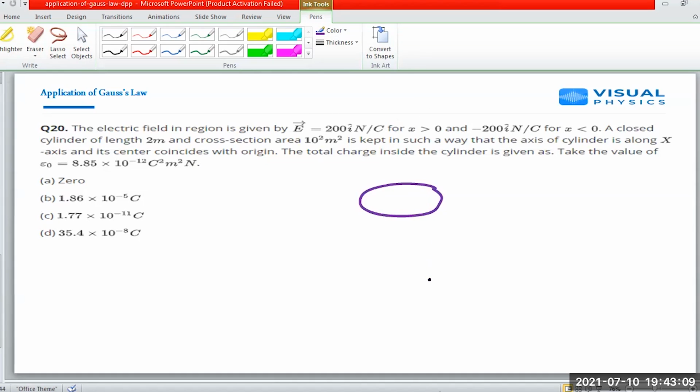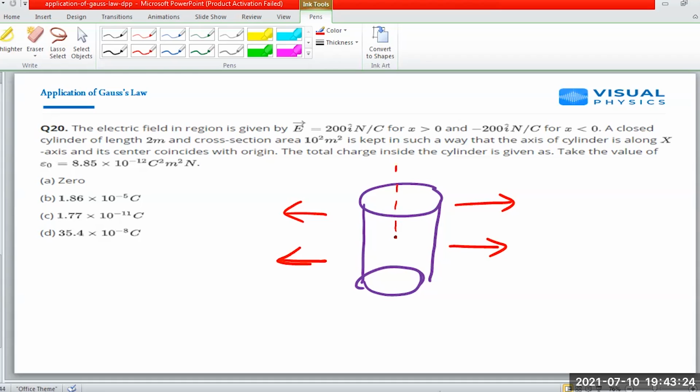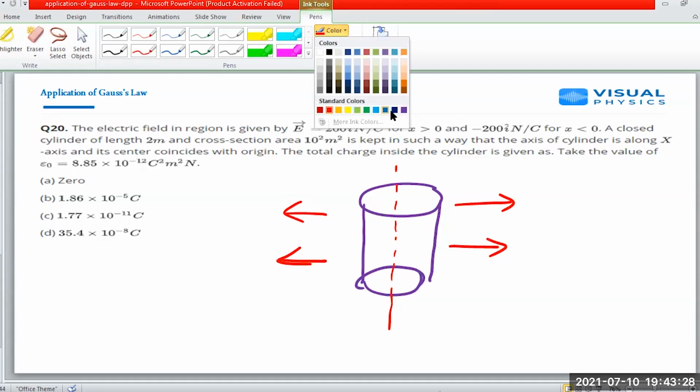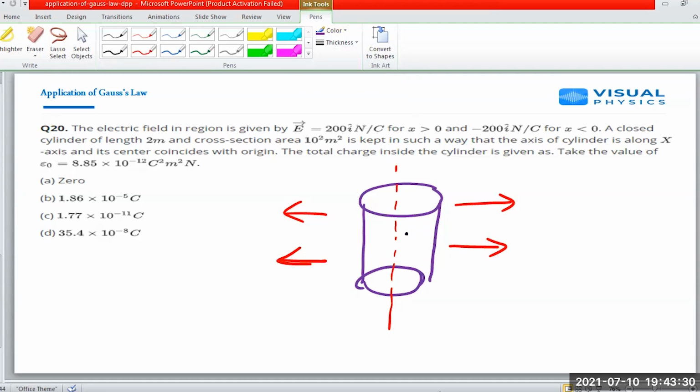We have discussed this many times: in this direction the electric field is like this, and in the negative direction the electric field is like this. But if I see the projection in 2D, my cylinder will be a rectangle. We have discussed this concept in DPP number 1. You can refer to that.